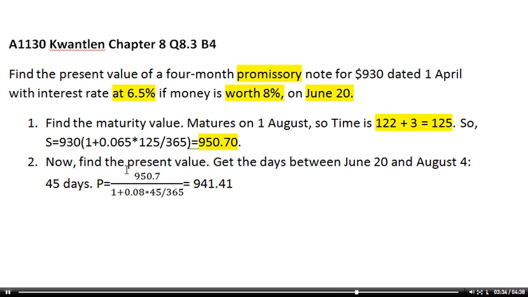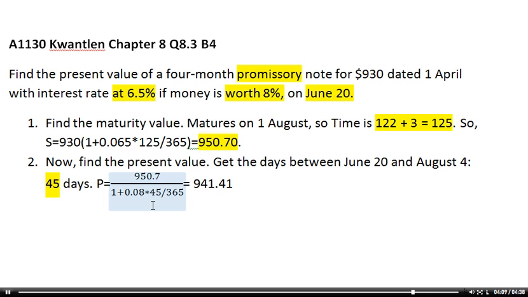The second step is to find the present value of that note. The days between June the 20th and August the 4th, the number of days, notice we are asked to find it on June the 20th, the number of days is 45. Use a present value equation, so P equals, and then S, our maturity value, future value, we just found, was 950.7.